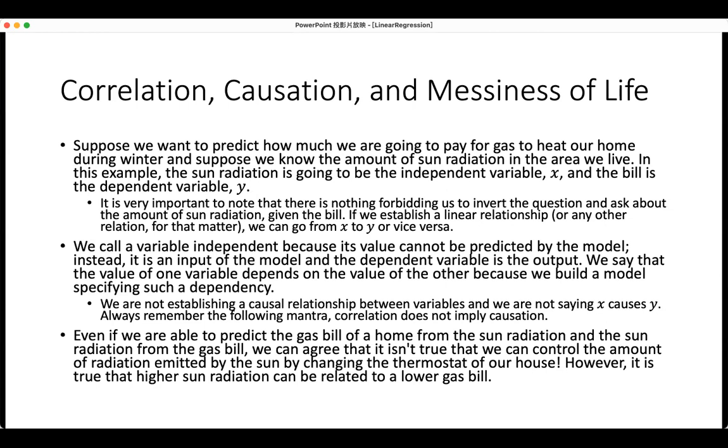If it's a causation relationship, then changing one can cause the other one to go up or go down. But in this case, changing the spending on the gas bill doesn't affect the sun radiation, right? So yes, they are correlated, but these two things are not a causation relationship.